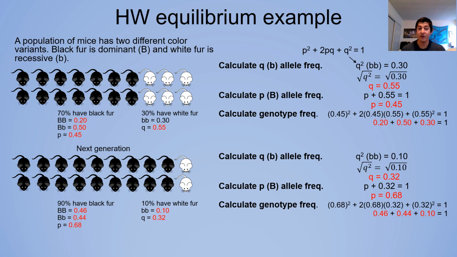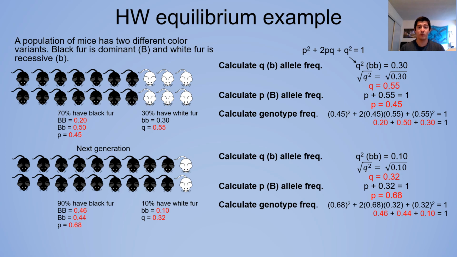And if we compare them, we see that the genotype and allele frequencies are changing. And that would tell us that this population is evolving. And then we could go in further and figure out which of the assumptions are being violated. You know, are you having mutations, gene flow, stuff like that.